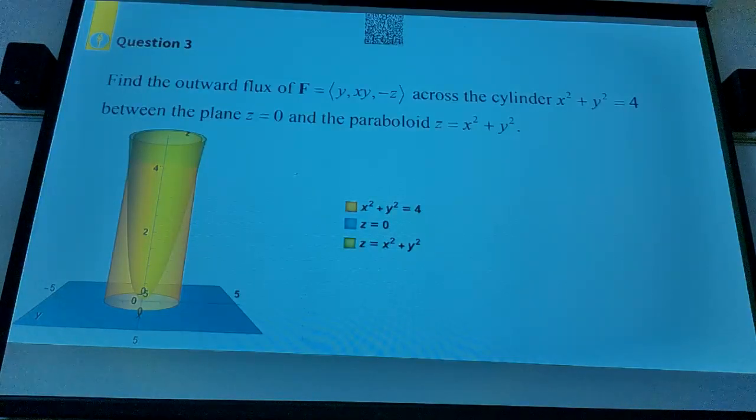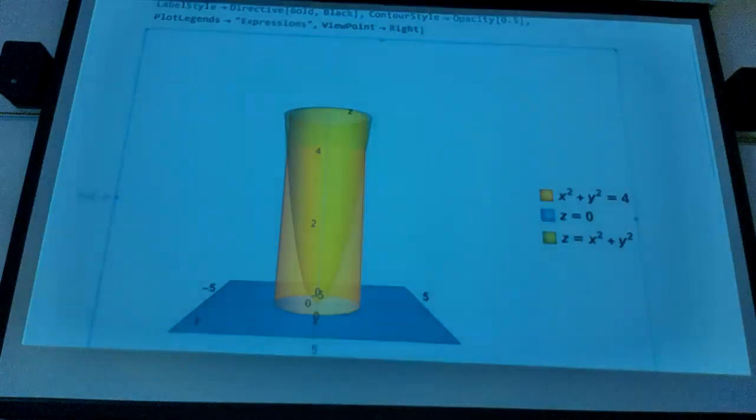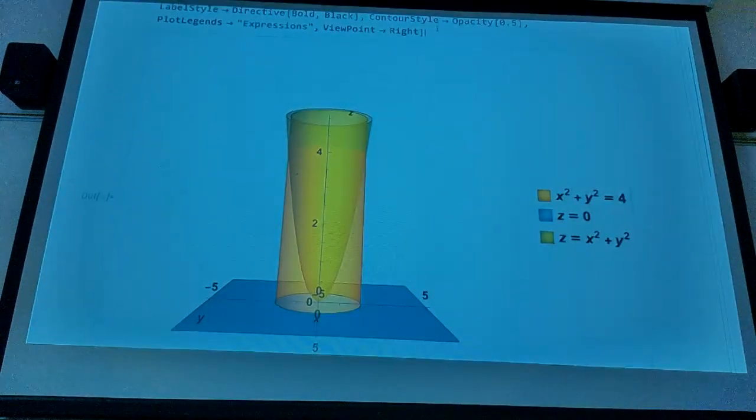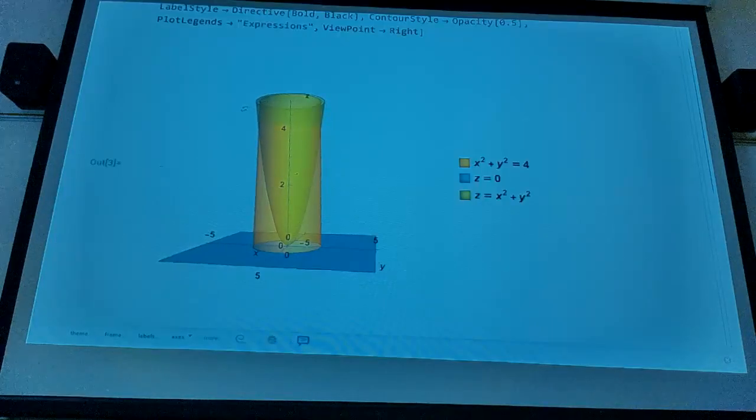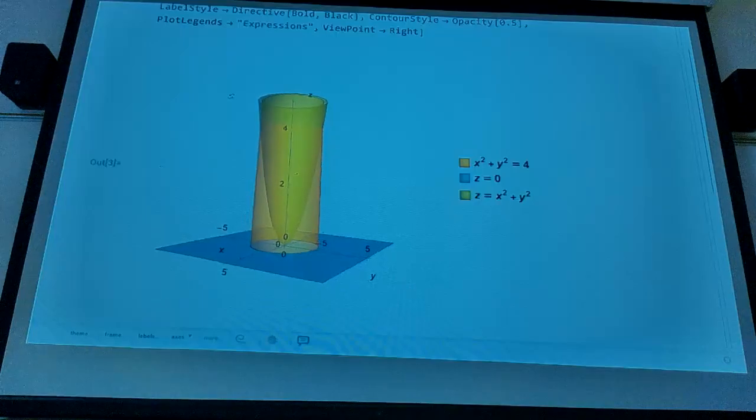Let's come over so we can take a better look at it. Rotate it. That's fine.